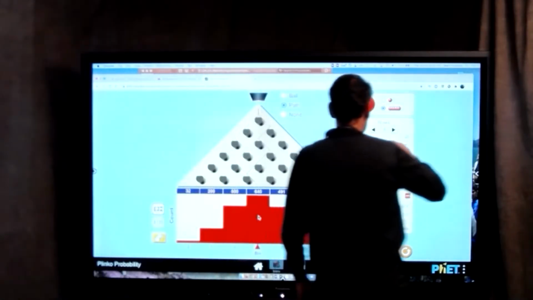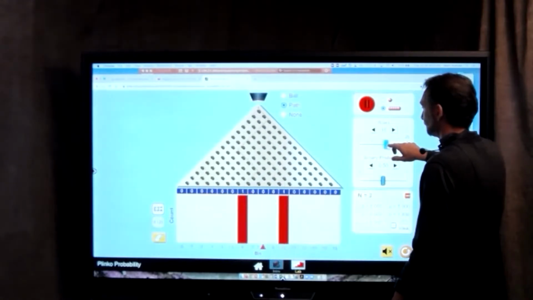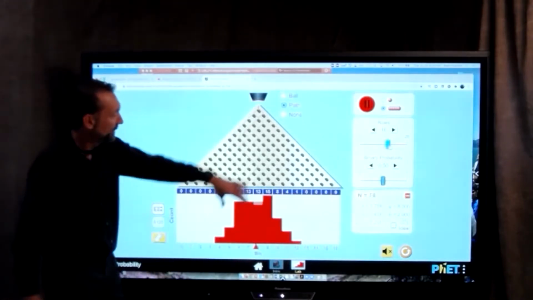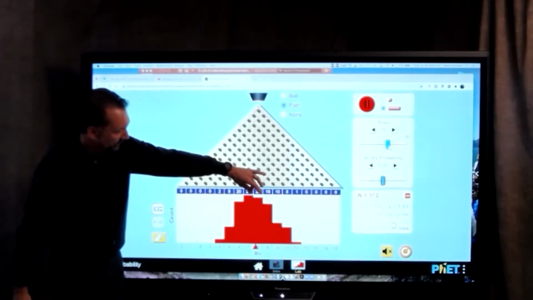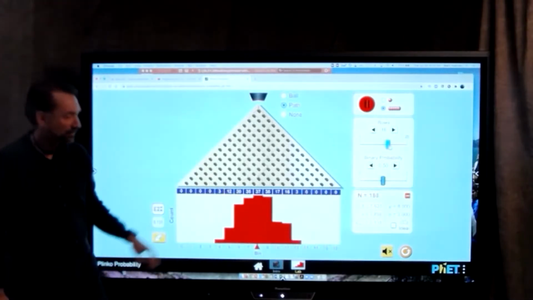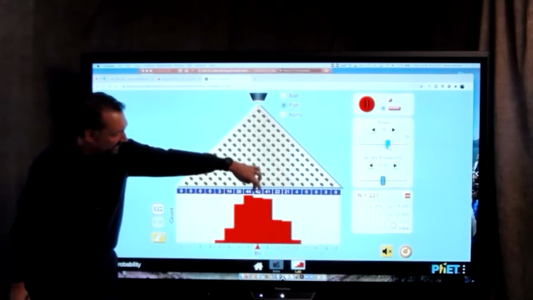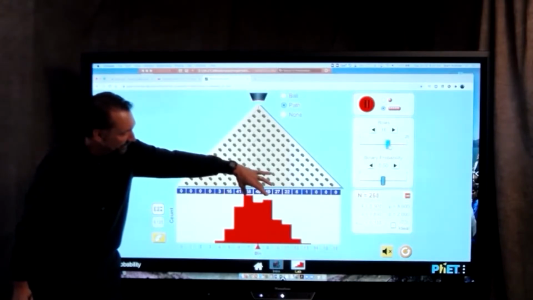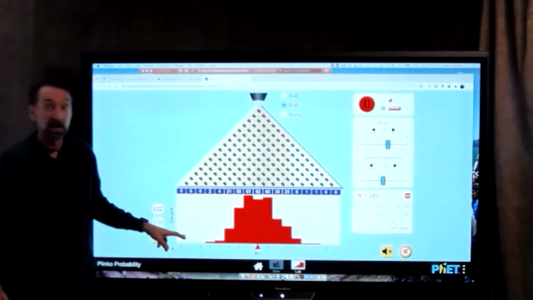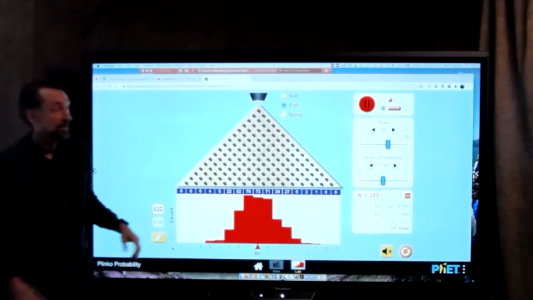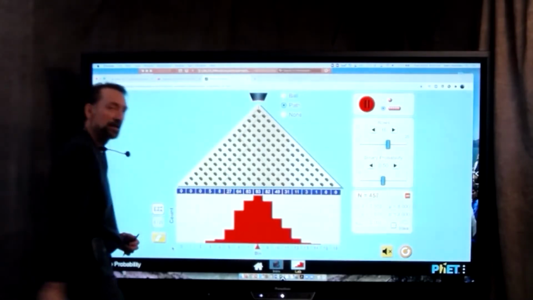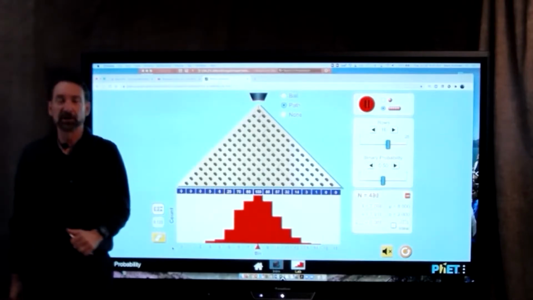You can go to more rows here. And as you go to more rows, the center becomes even more likely, and the outsides get less likely. And that's what we see. Probabilistically, these things, if you look at the system, are going to be the ones that fill over the outside ones. Simply because it's a more likely configuration, a more likely path, you get this kind of configuration.